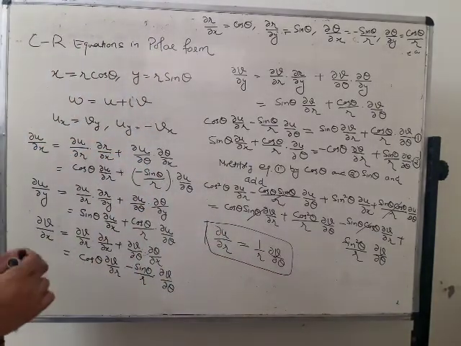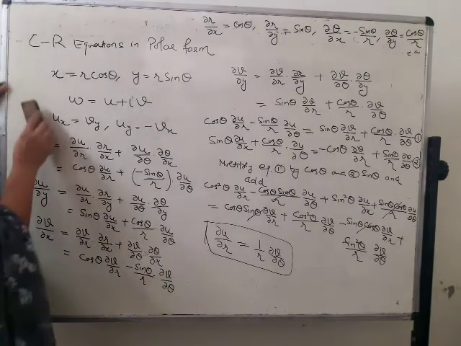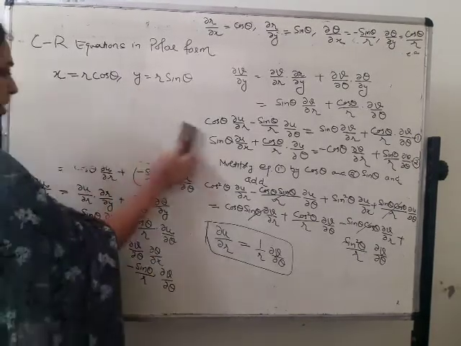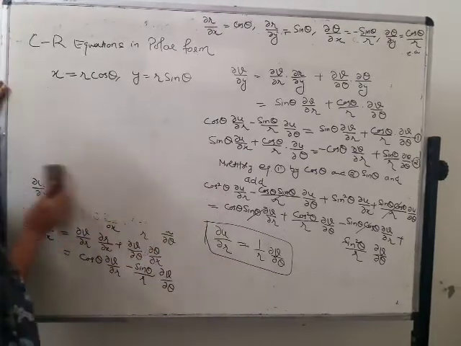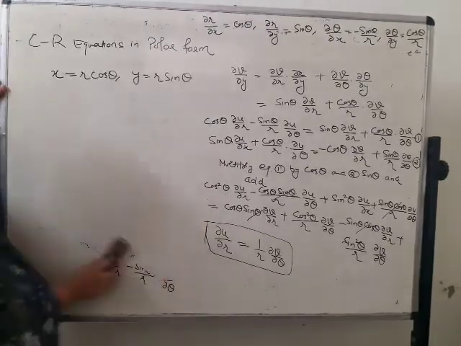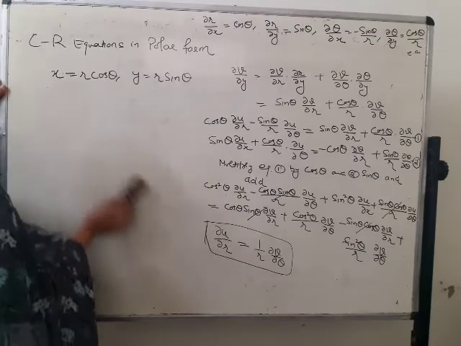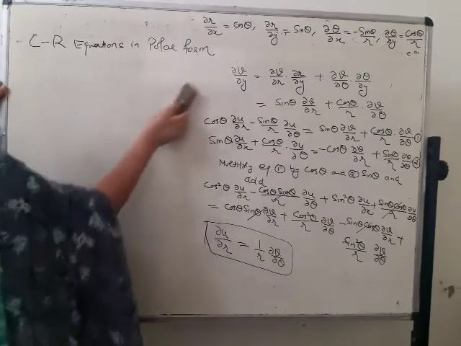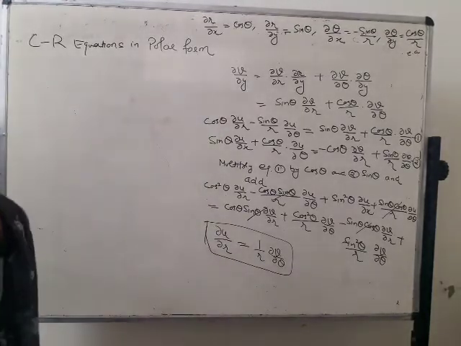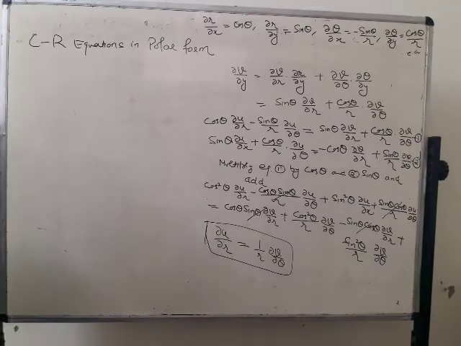To find the second one, again take equation number 1 and equation number 2. Now multiply equation 1 by sinθ and equation 2 by cosθ, and then subtract these two equations.